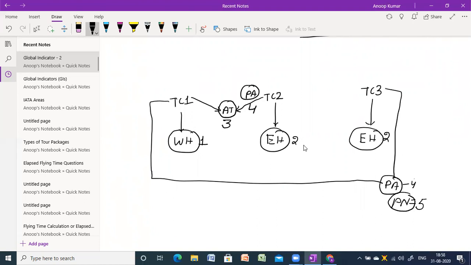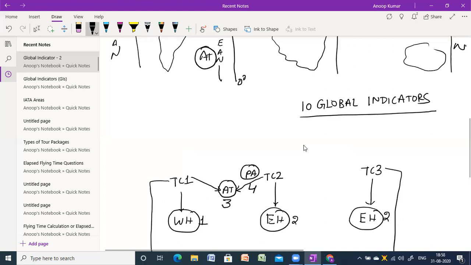So PN is the other global indicator if some flight is moving from TC1 to TC3 without using TC2, means without crossing Atlantic Ocean. Then if any flight is moving from TC1 to TC3 and it goes via TC2, in that case again it is crossing either the Atlantic Ocean or the South Atlantic Ocean.